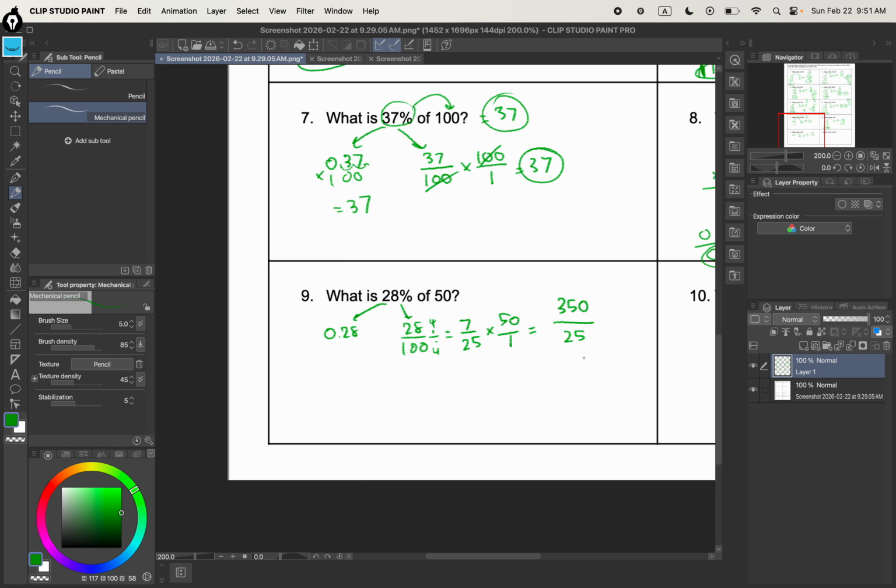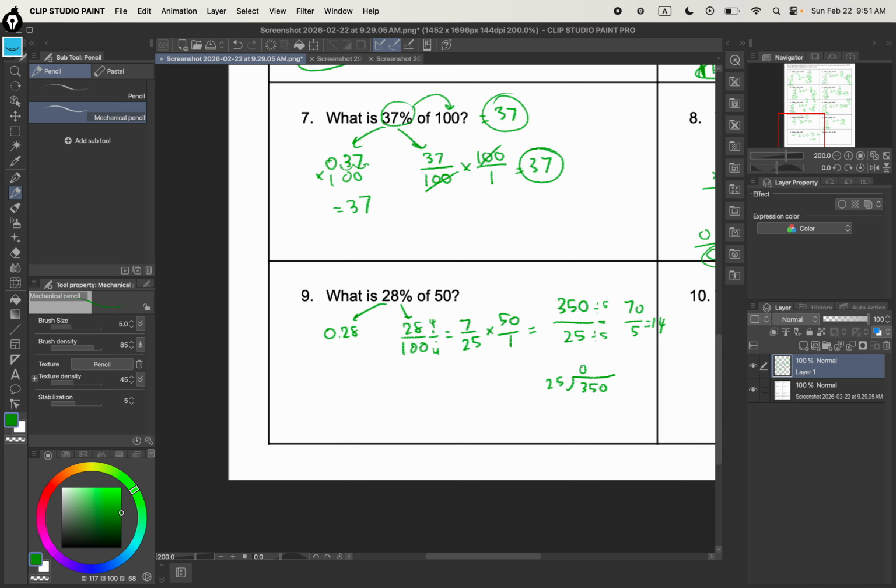I know I can divide these by 5, so I will, because again, I don't want to do a giant number. I could just divide that though. I can divide that again. 70 divided by 5 is 14.